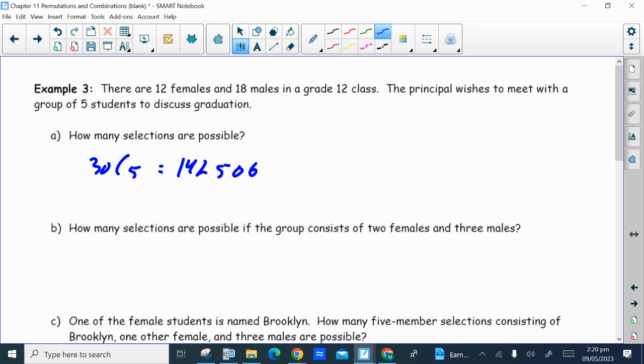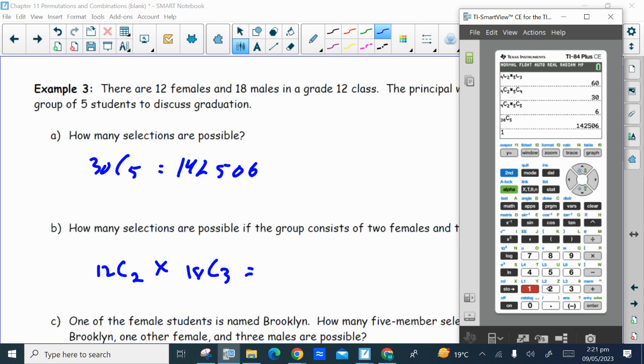Part B says how many selections are possible if it must consist of 2 females and 3 males. So here we've got our restrictions. And again, this is a common type of question you see on the diploma exam. The 2 females have to be chosen from the 12 females that are in the class, and times the 3 males are selected from the 18 males that are in the grade 12 class. Again, we can put this entire expression in our calculator all in one step.